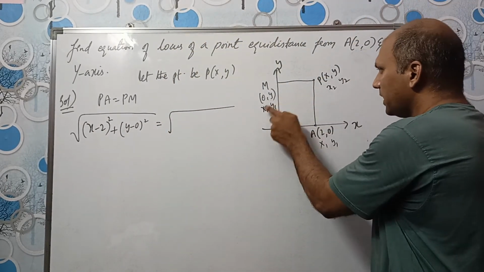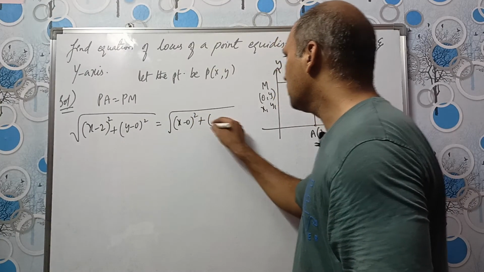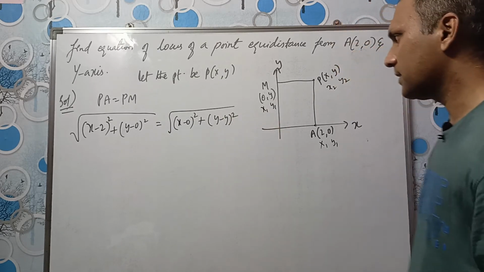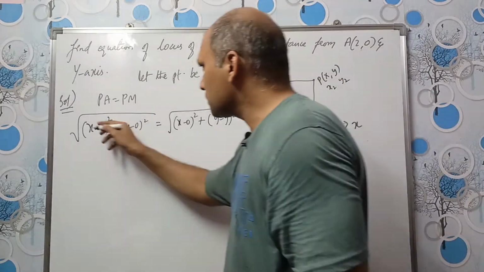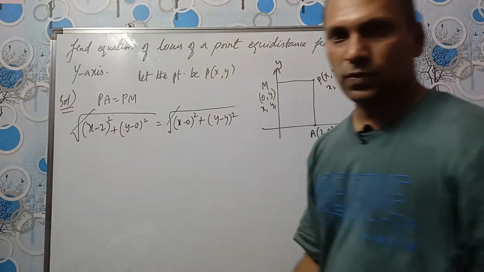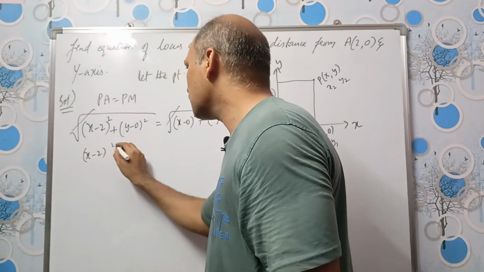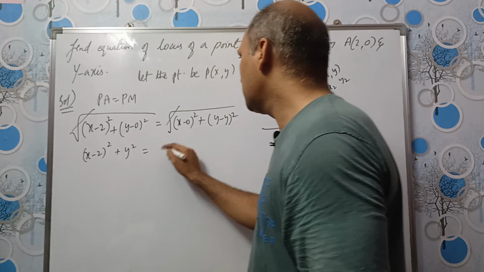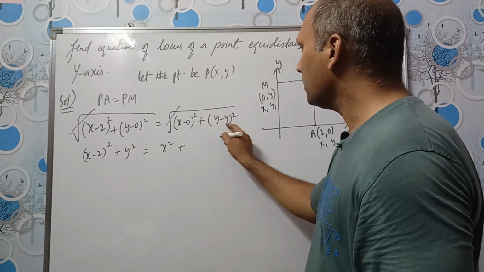Same thing for PM, x2 minus x1 whole square, so this is (x minus 0) whole square plus (y minus y) whole square. Let us simplify this. If you square on both sides, square roots will get cancelled. So this is (x minus 2) whole square plus y square is equal to x square, since x minus 0 is x, and y minus y is 0.